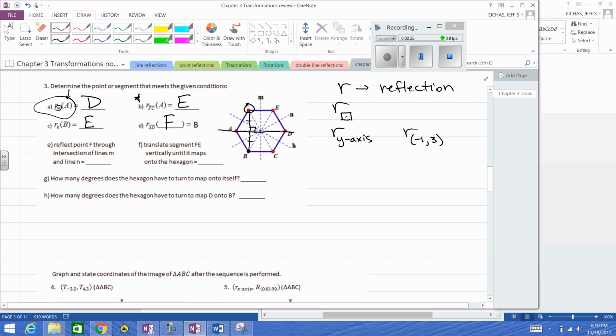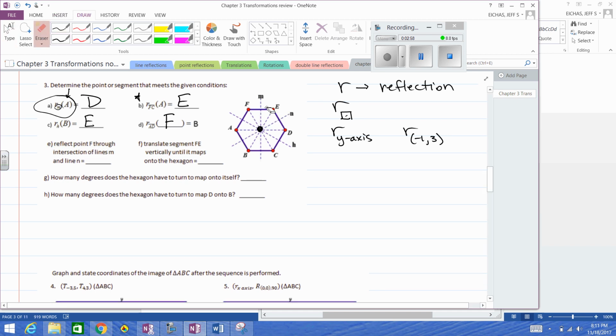All right, E says reflect point F through the intersection of lines M and N. Wow. Okay. So what is the intersection of lines M and N? Here's line N, here's line M. They hit right there. Basically, they're telling us to reflect through a point. All right, so that's very tricky.